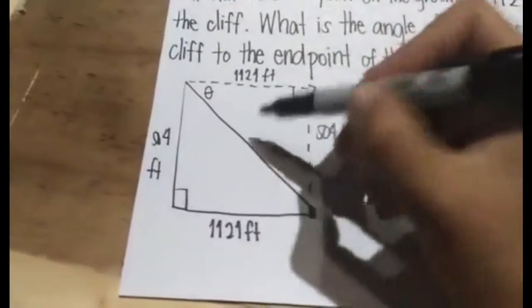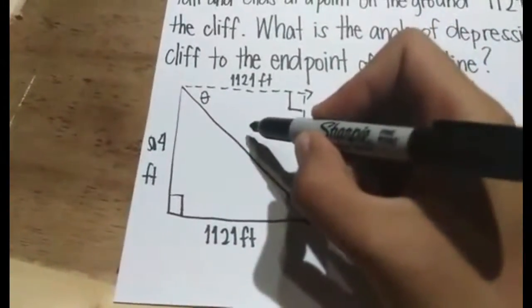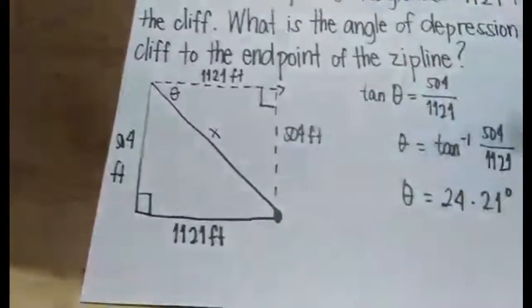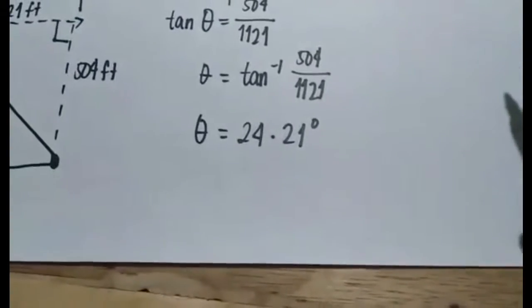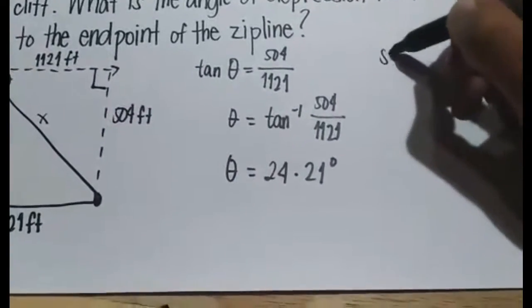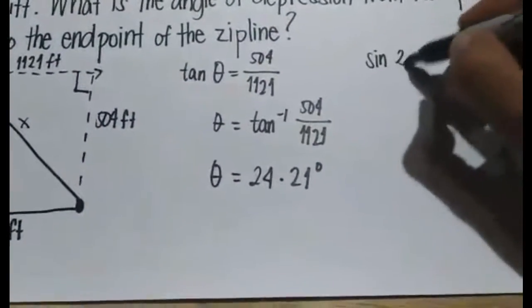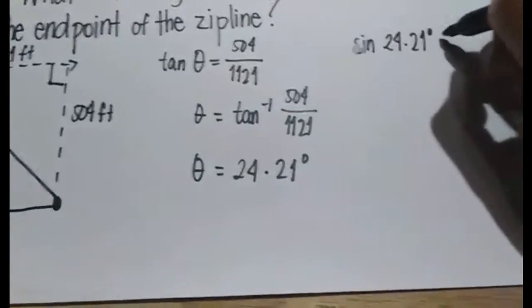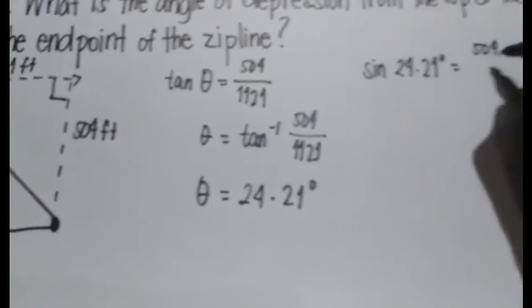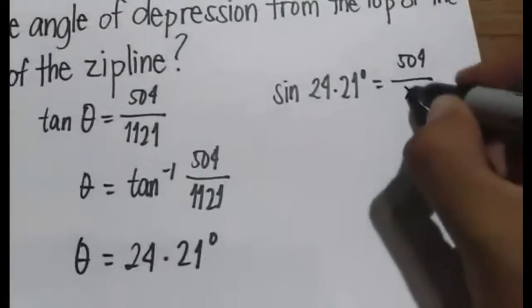which we can represent by the variable x, using the angle of depression. So when we got 24.21 degrees as the angle of depression, we could say that sine theta, sine of 24.21 degrees, is equal to the opposite side 504 over the assumed hypotenuse, which is x.